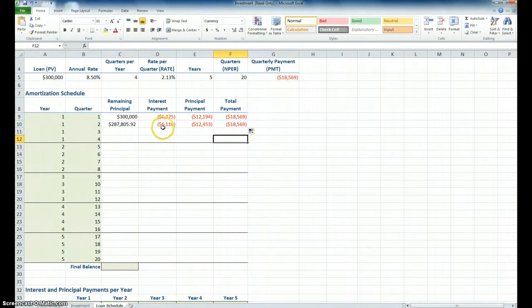For my second interest payment, it's less. And the reason it's less is because this number is reducing. This number here is reducing by $12,194 the first month. So therefore, the second payment is going to have all those same variables, but the interest is going to be less because my current principal is less. Okay, my principal payment is going to be higher.